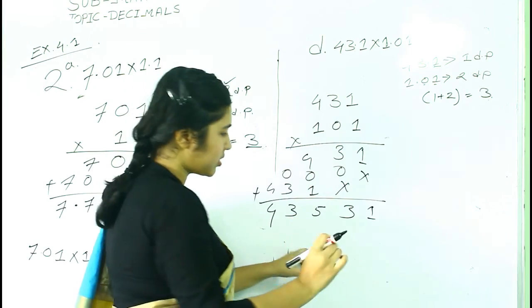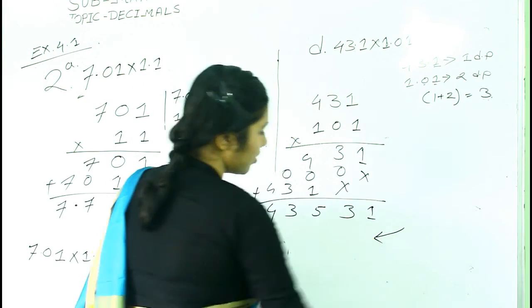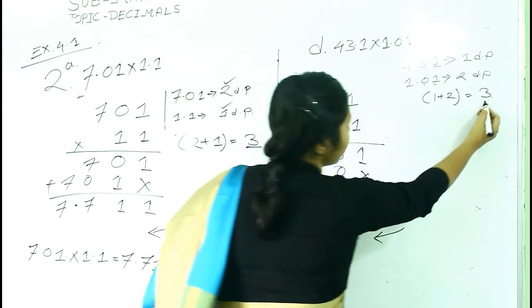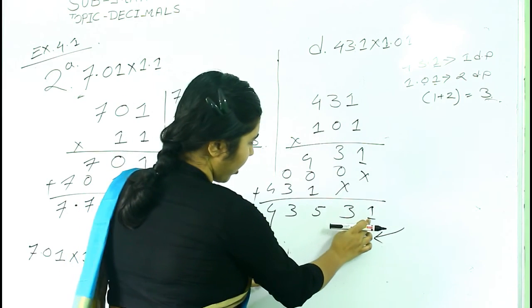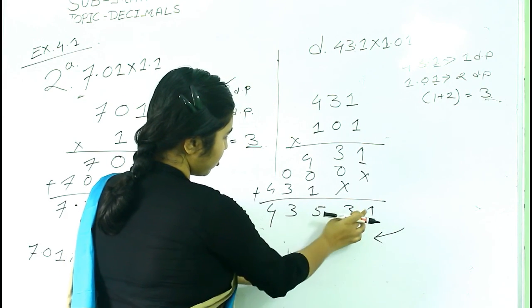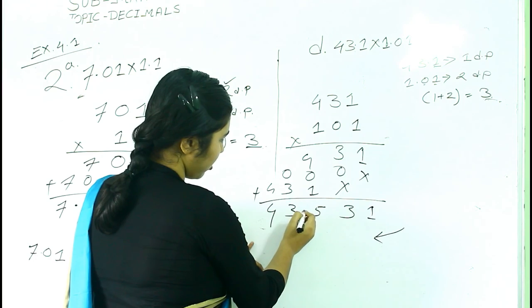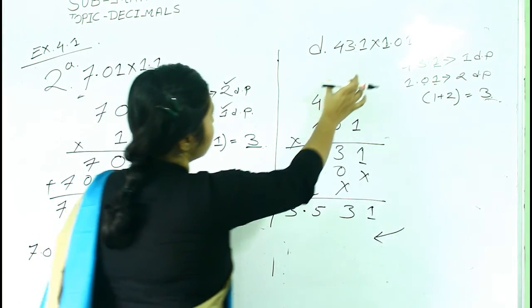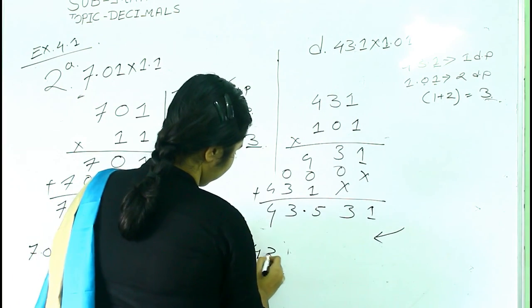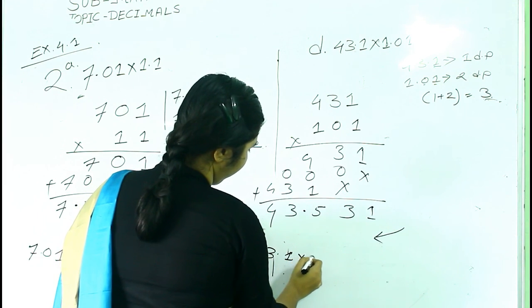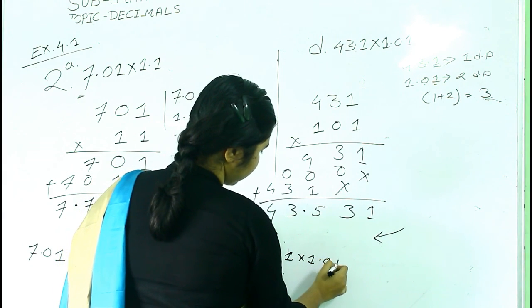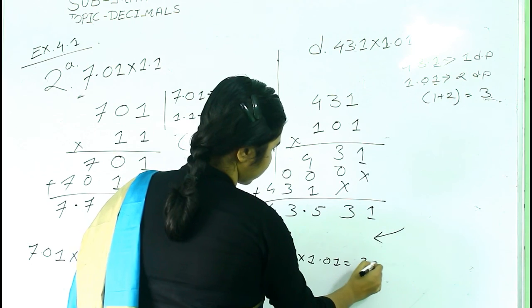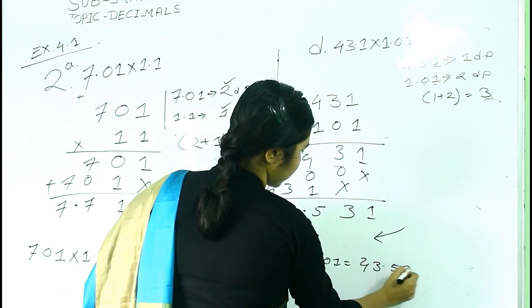Now insert the decimal point from the right at 3 decimal places. So 1, 2, 3. So after 3 decimal places, our answer, the product of these two numbers, is 43.531.